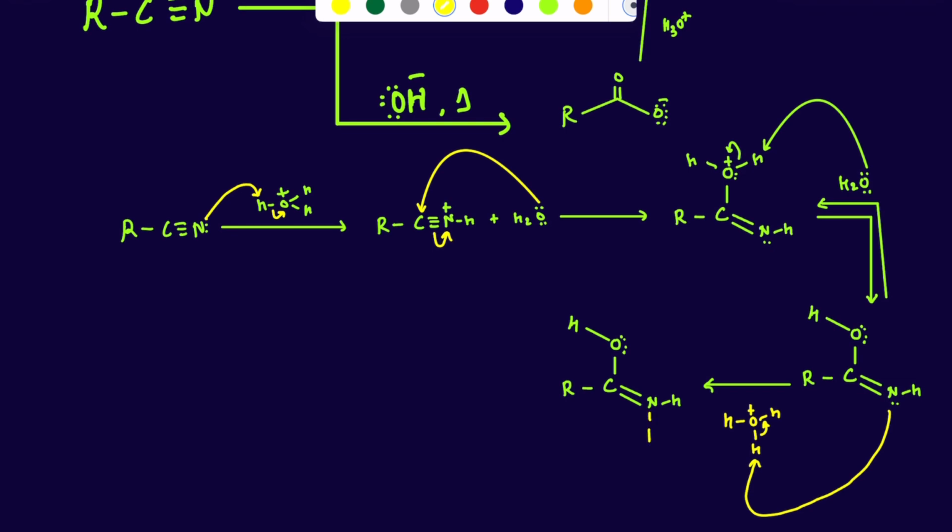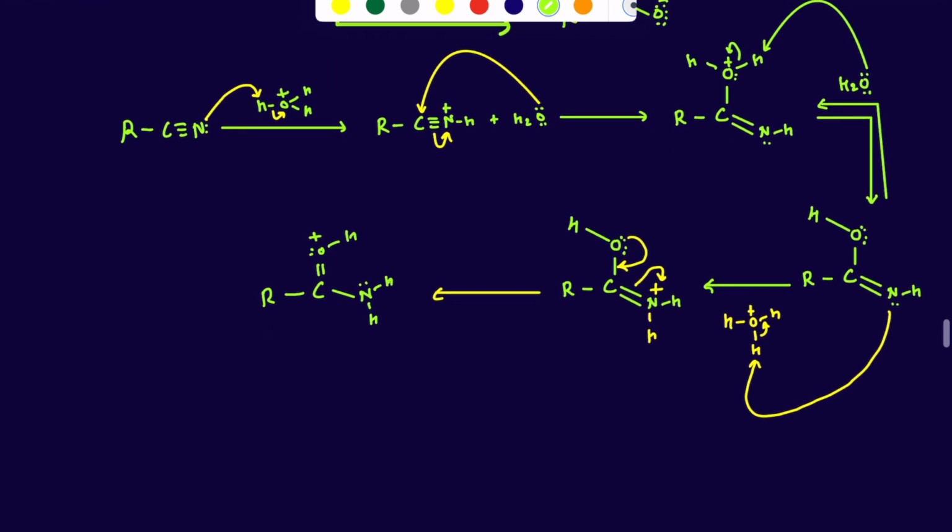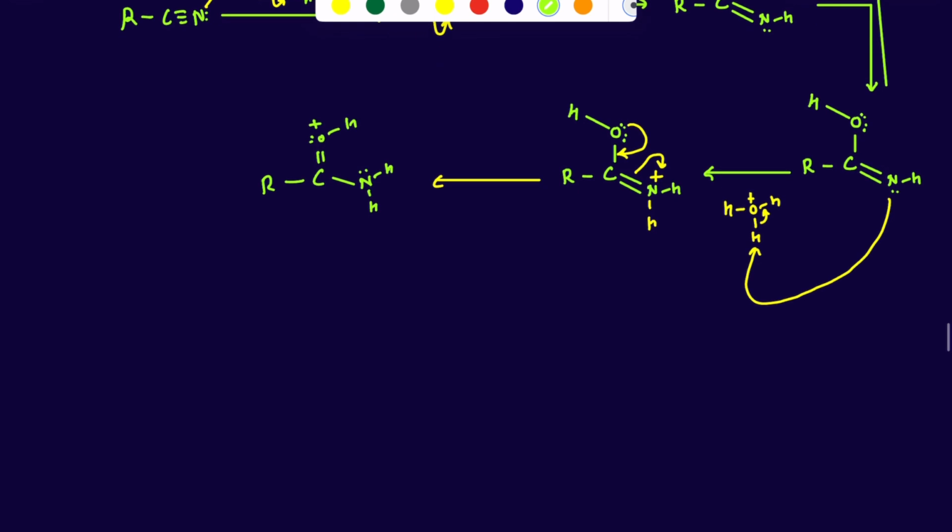I have nitrogen with a positive charge here now, and then I can reform the pi bond here, and that pi bond breaks to make the NH2. So this process will eventually make carbon with an oxygen double bond there. Oxygen gets a positive charge, and now you've got the nitrogen with a lone pair and two hydrogens connected. So we're on the way to the amide.